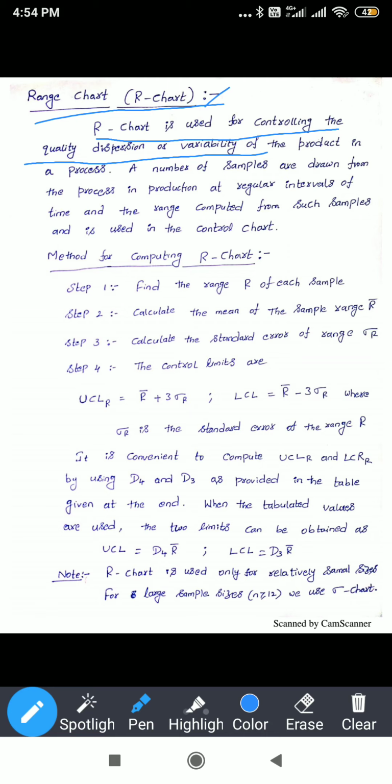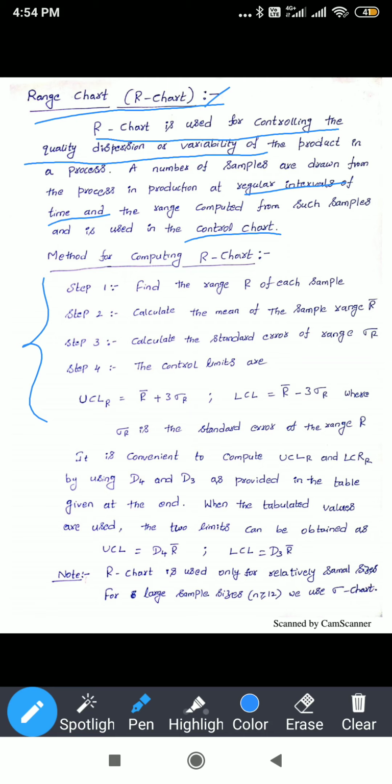So these are the differences between these two charts. Here we take samples at regular intervals of time, compute the range, and use those samples in the control charts. How to compute the range chart?